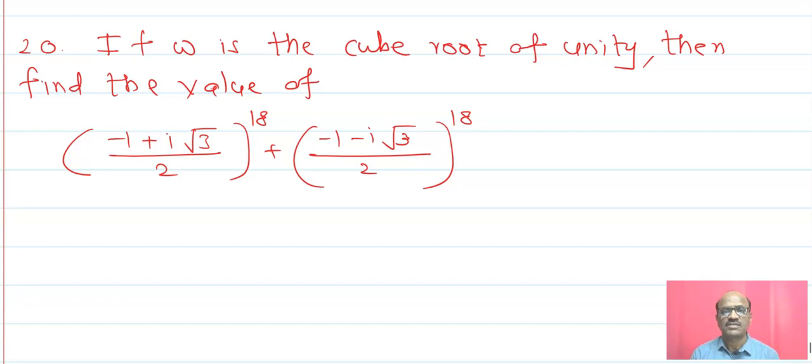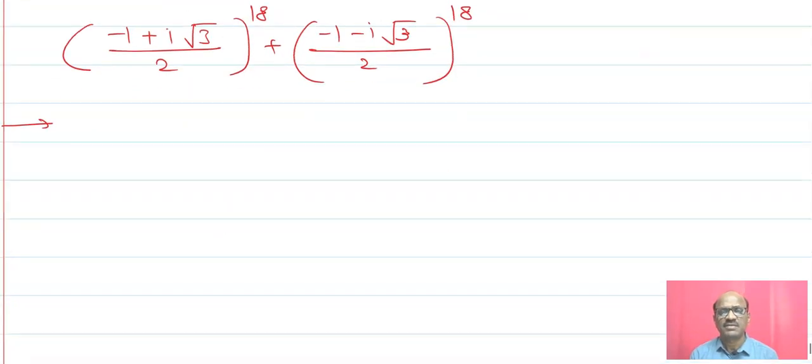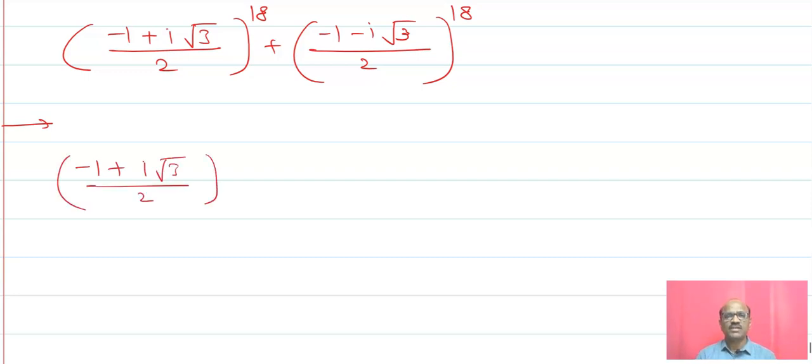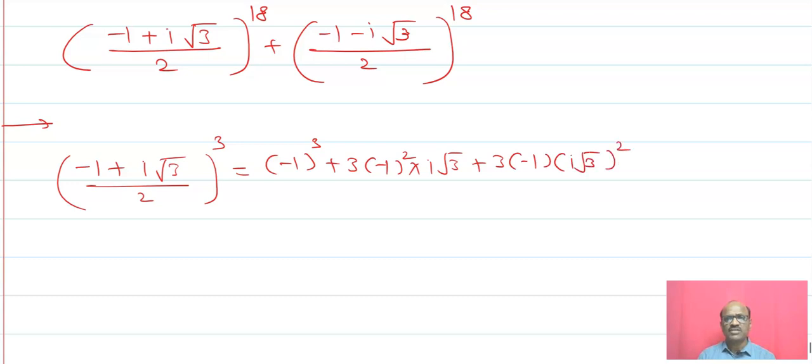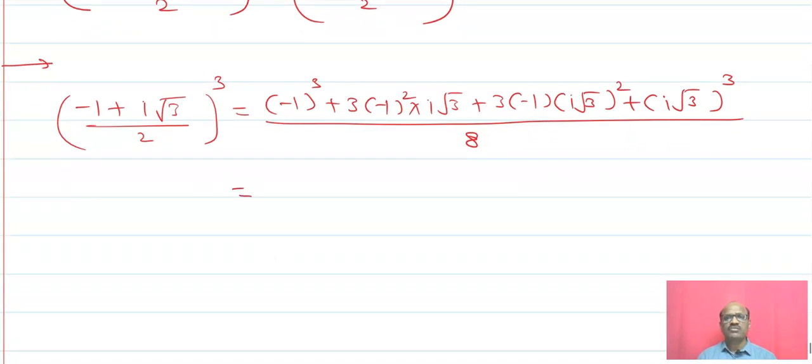Now see this here, we can expand by considering the bracket raised to 3, that is (minus 1 plus I root 3 upon 2) bracket cube, that is equal to minus 1 cube plus 3 into minus 1 square into I root 3 plus 3 into minus 1 into (I root 3) bracket square plus (I root 3) bracket cube, upon 8.